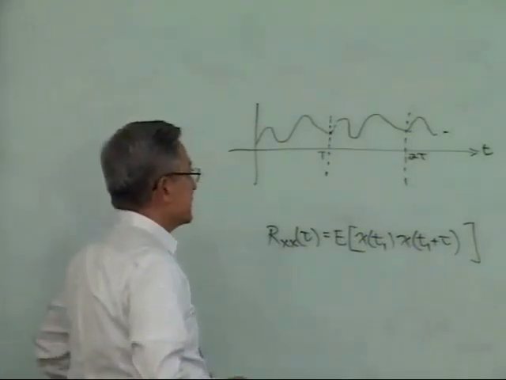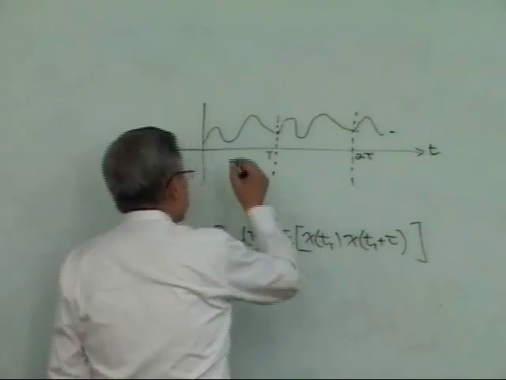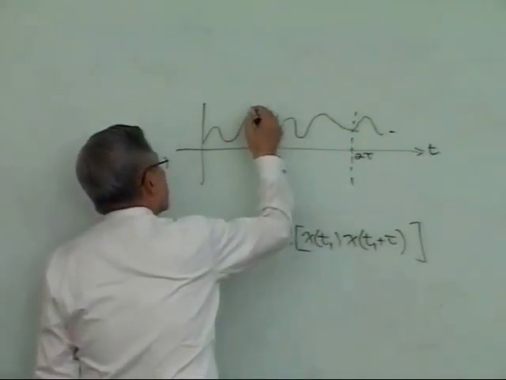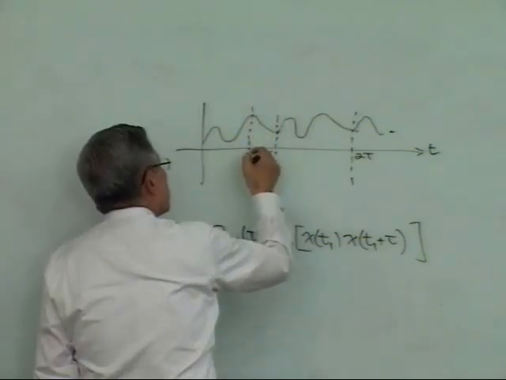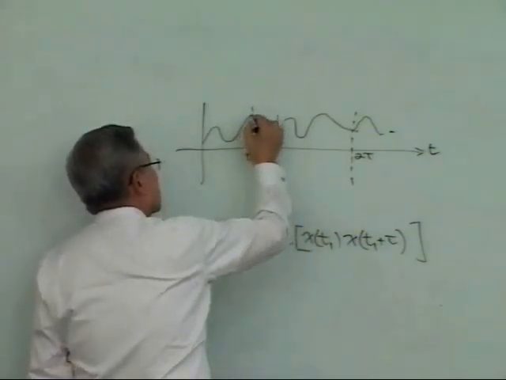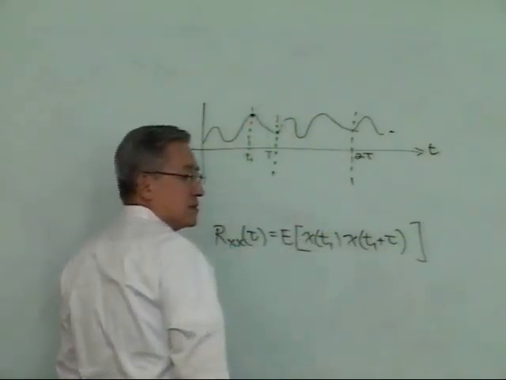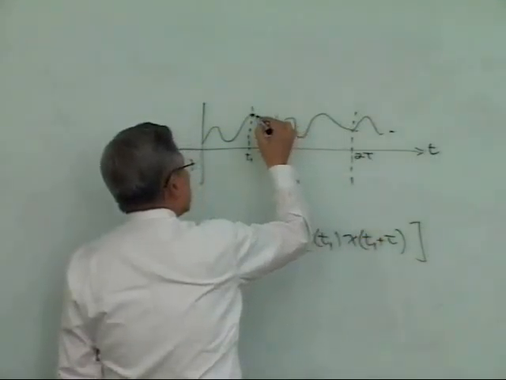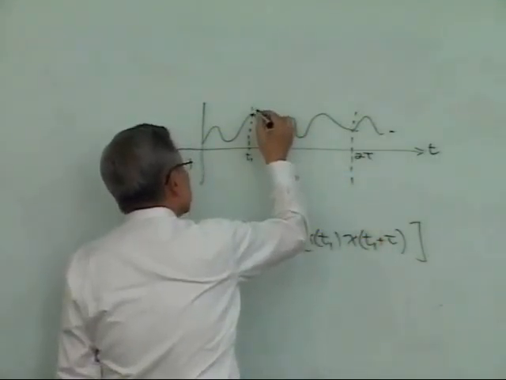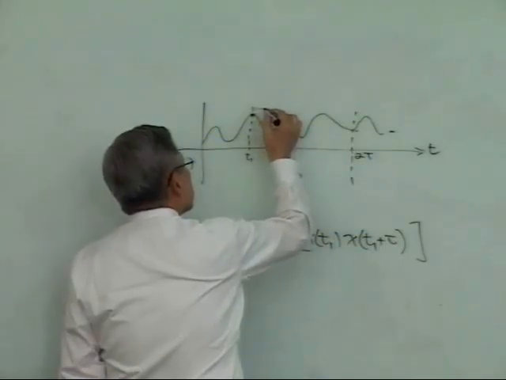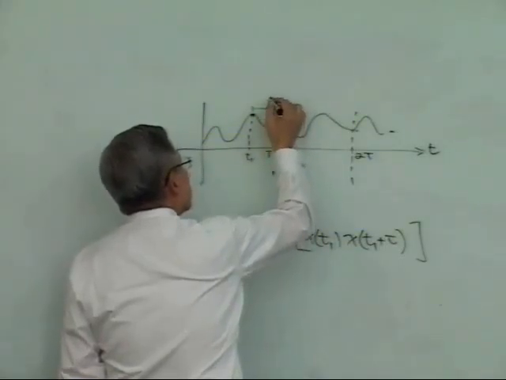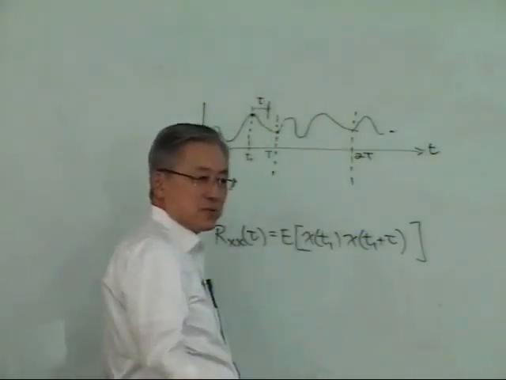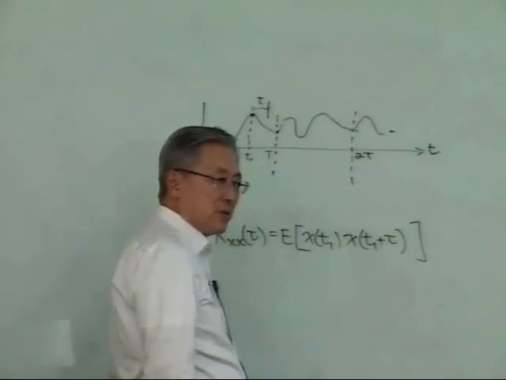So here, first I'm going to pick the T1, maybe this point is T1. So I pick this point, then T1 plus tau. If tau is within the T, that's okay. We can just process as we are doing it.